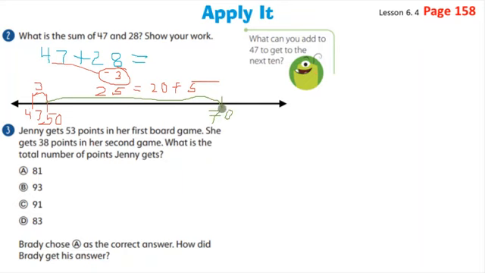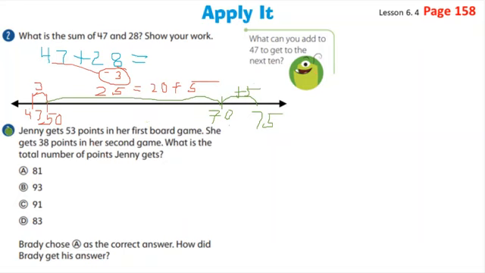And then, what do I have left? I have to add 5 more. So 70 plus 5 more, 70, 71, 72, 73, 74, 75. So I'm adding that 5 right here, make it 75. And that's our answer. So you see how I used this number line as well as making a 10 to solve this problem.